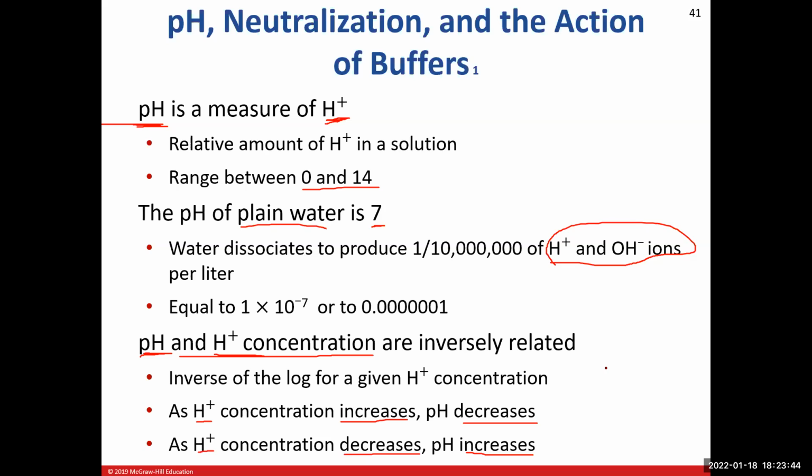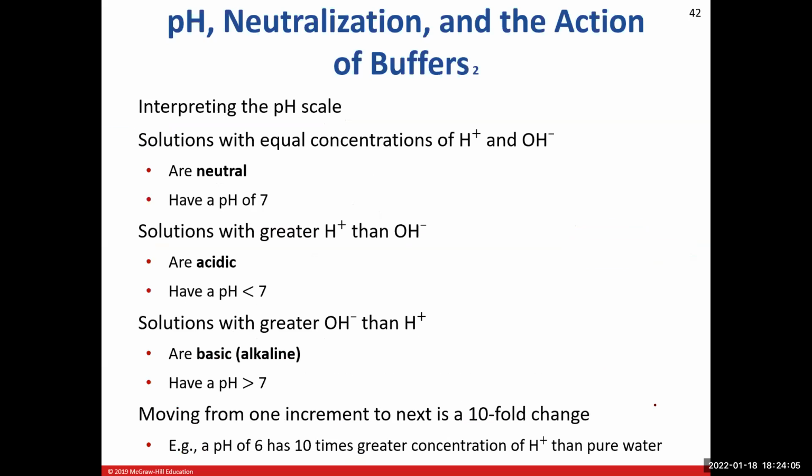So if I increase the amount of hydrogen ions in my solution, the value on my pH scale of that solution goes down. And I'll tell you what that means here in a moment. And vice versa. As the hydrogen ion concentration decreases in my solution, the pH value of that solution increases.